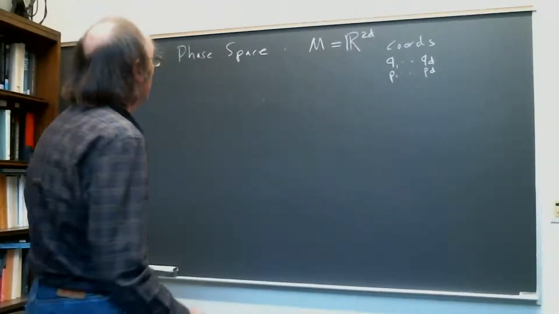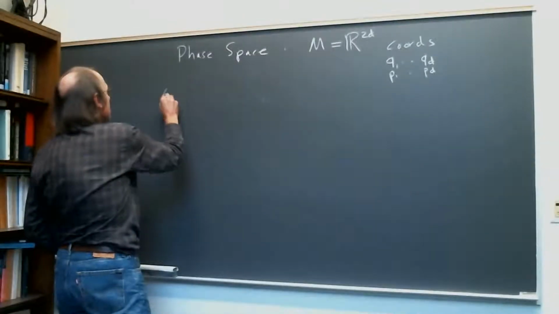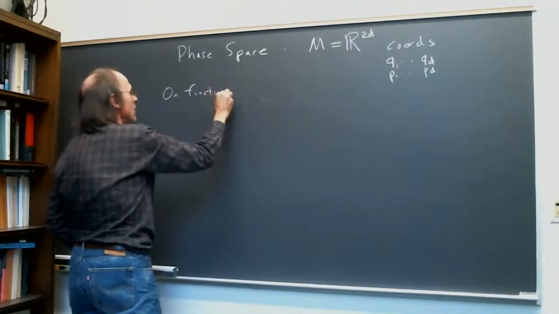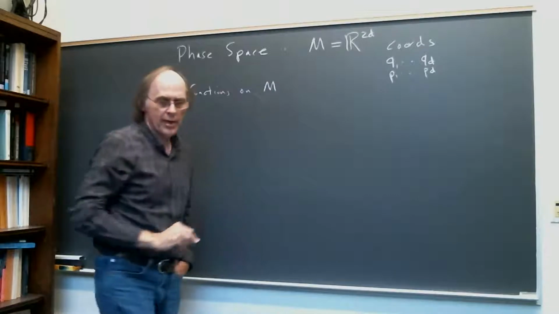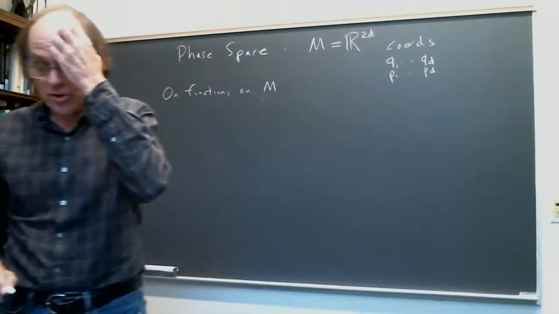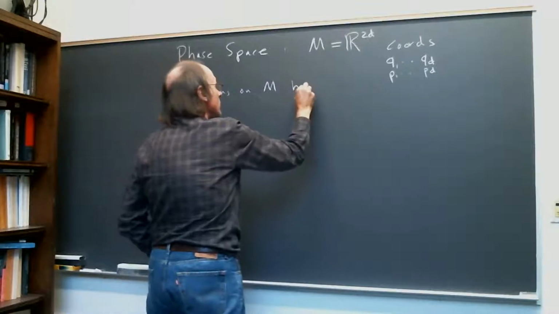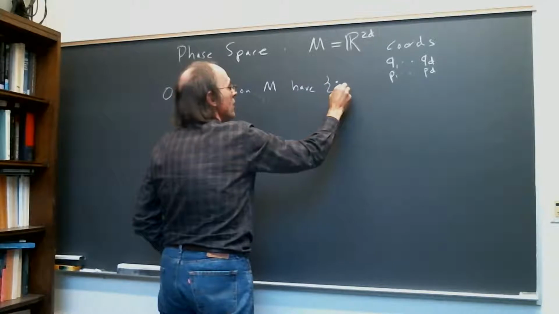Okay, so now on functions on M, what I tried to explain last time is that you have this thing called a Poisson bracket, which I'll write this way.